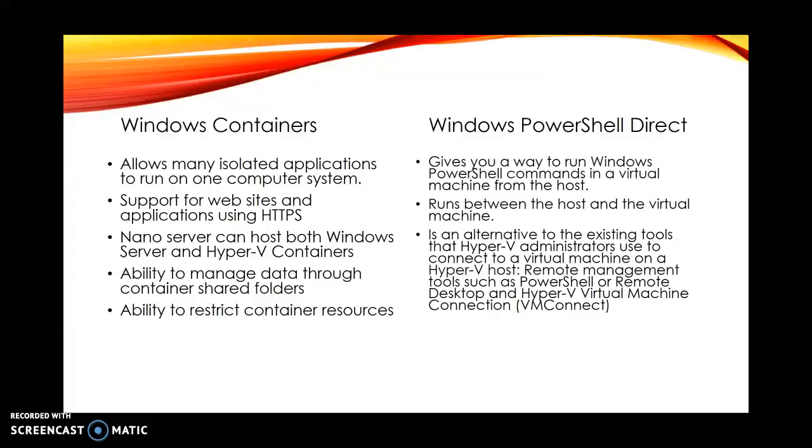Windows PowerShell Direct is an alternative to the existing tools that Hyper-V administrators use to connect to a virtual machine on a Hyper-V host: remote management tools such as PowerShell or Remote Desktop, and Hyper-V virtual machine connection.